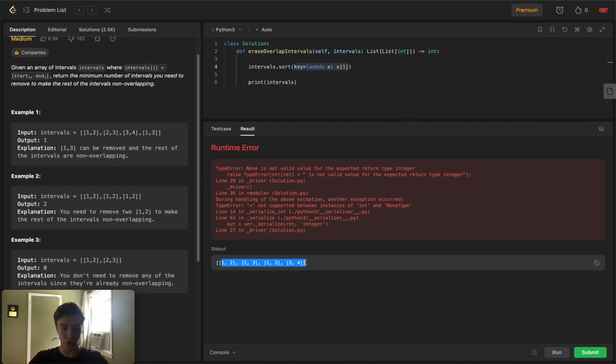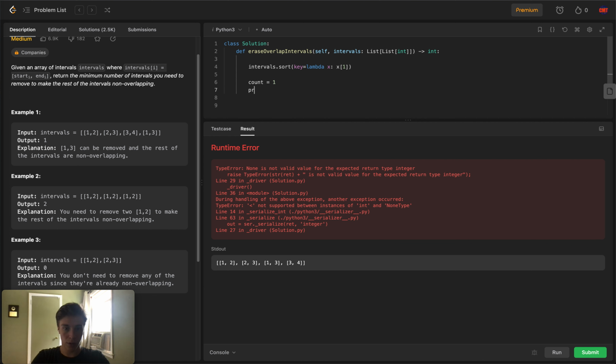So I have just sorted my intervals based on the end of the interval. So we have 1, 2, 2, 3, 1, 3, 3, 4. Now I'm thinking that we go through each of the intervals and see which ones we want to include or not include.